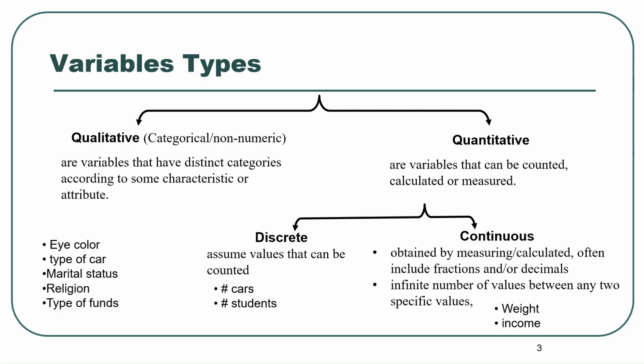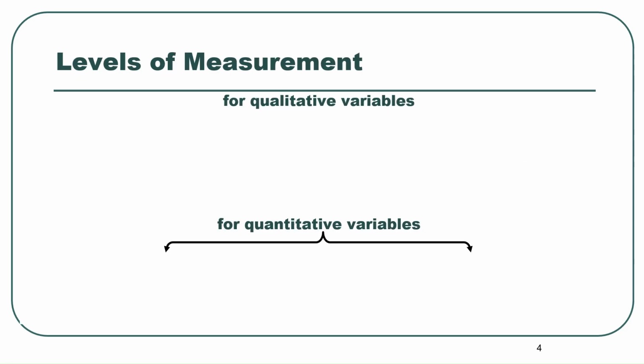And for these types of variables, quantitative and qualitative, we do have levels of measurement. So I do have 4 levels of measurements. The first one is nominal versus ordinal, and these nominal versus ordinal, these are the suitable levels of measurements for a qualitative variable.